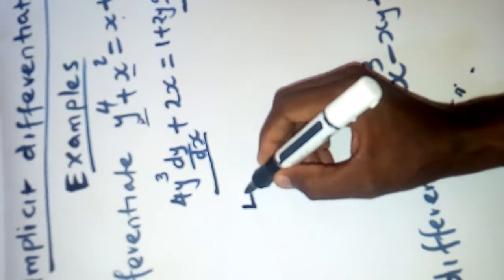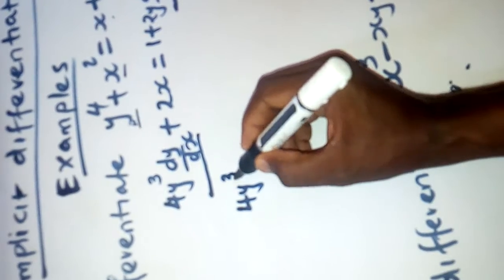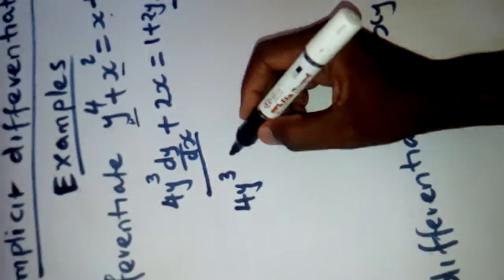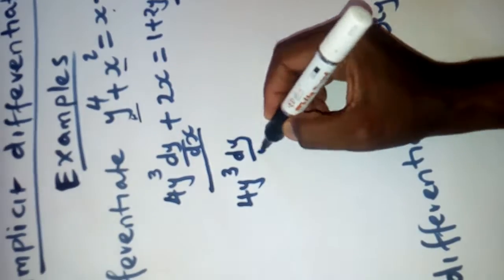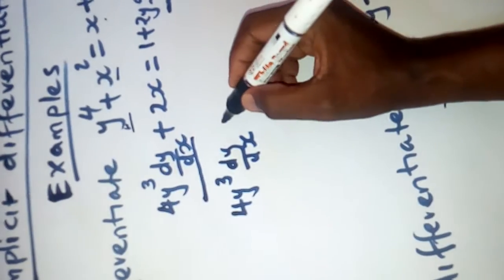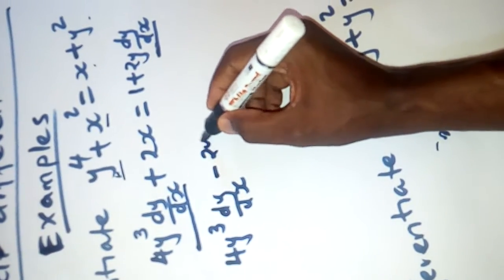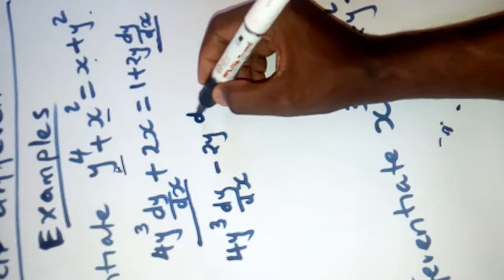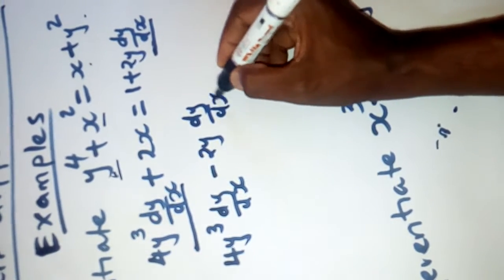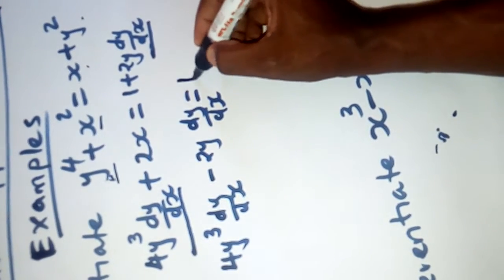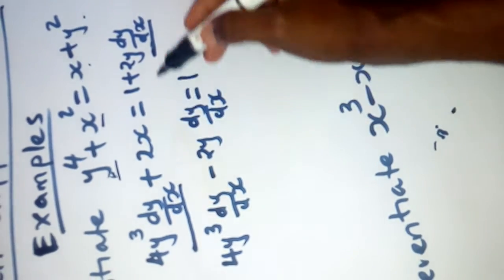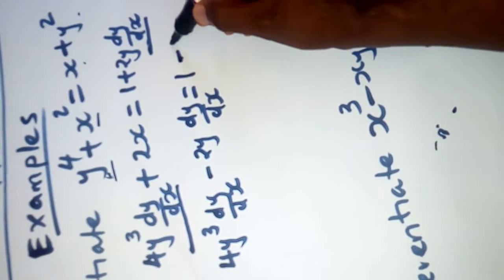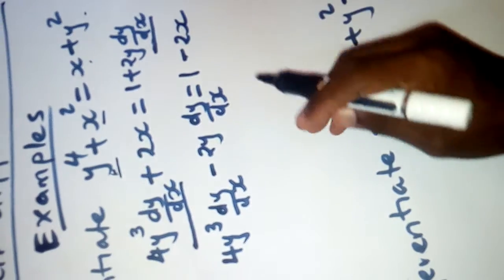So we are going to have 4y cube dy dx minus 2y dy dx is equal to 1. This positive 2x, we take it to the other side, that will be minus 2x.